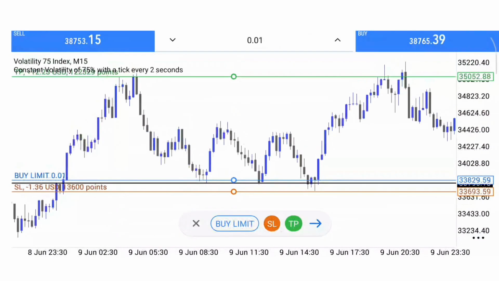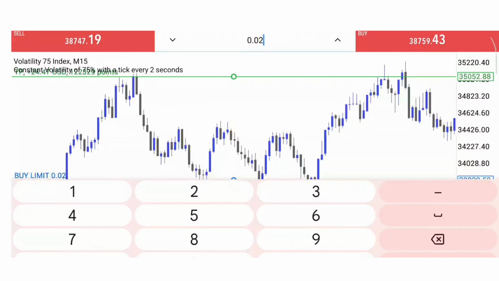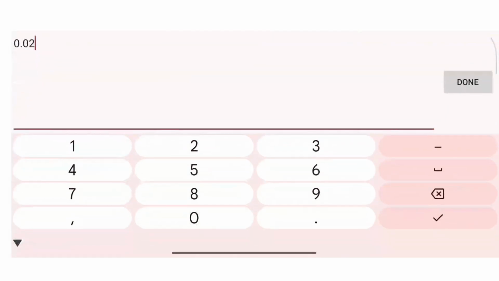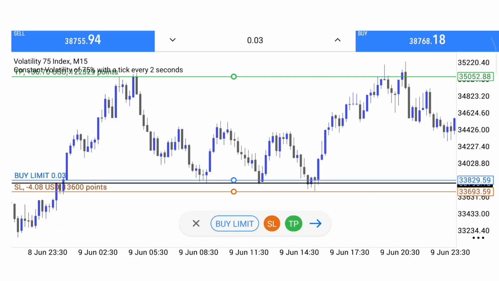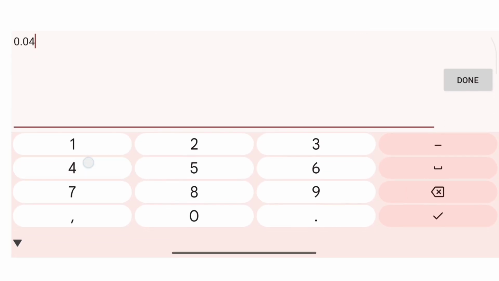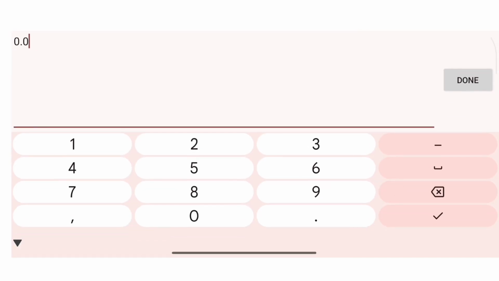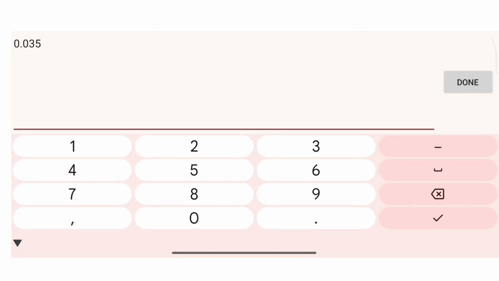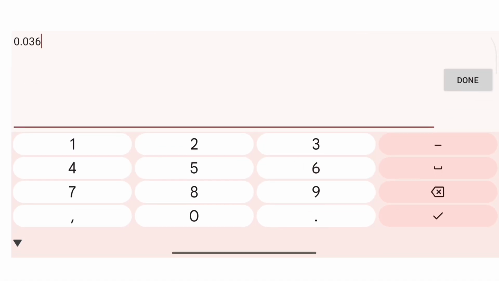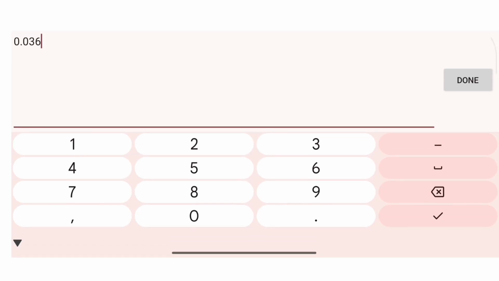But let's make our risk $5 for our account size. Our account size is $50. So let's imagine we are risking $5 per trade. Okay, this one is too much. So 0.35. All right, 0.36. That's $4.90.